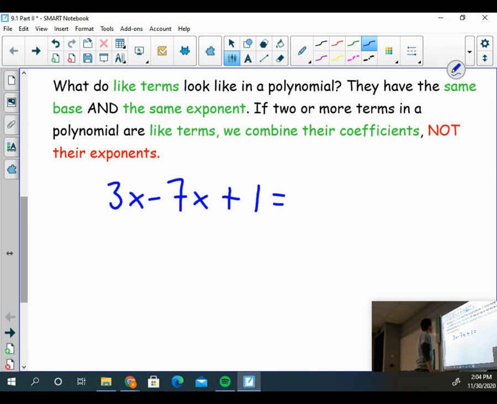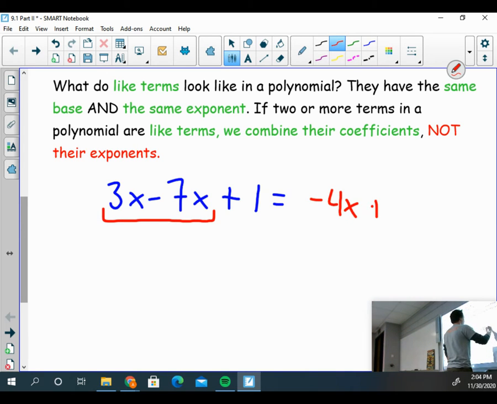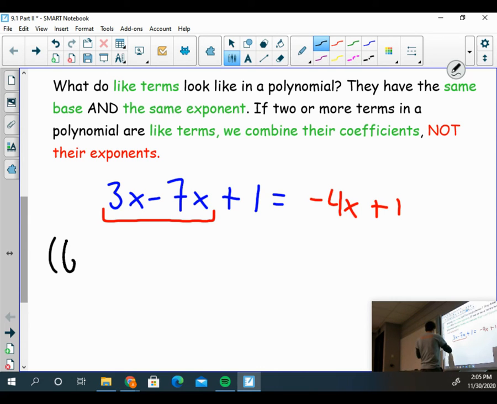What you would have done here is combine the 3x and the minus 7x to become negative 4x plus 1. You would have done this because the 3x and the 7x are like terms. You've known how to do this in the past. But where we're going and what you have not done yet is solving problems like this.